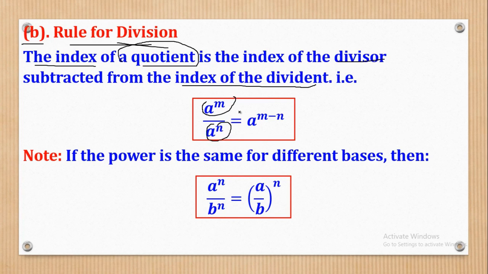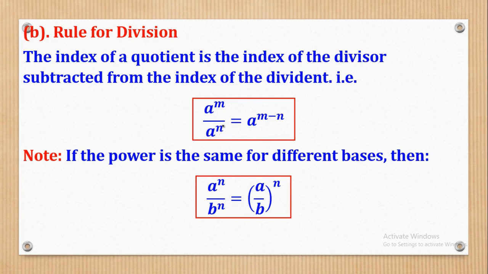Therefore, the index of the divisor is this n and the index of the dividend is this m. Therefore, the index of the divisor is subtracted from the index of the dividend. So this n is subtracted from this m. That is the rule for division, as long as the base is the same but the powers are different. Because it is division, that is why here you see subtraction.